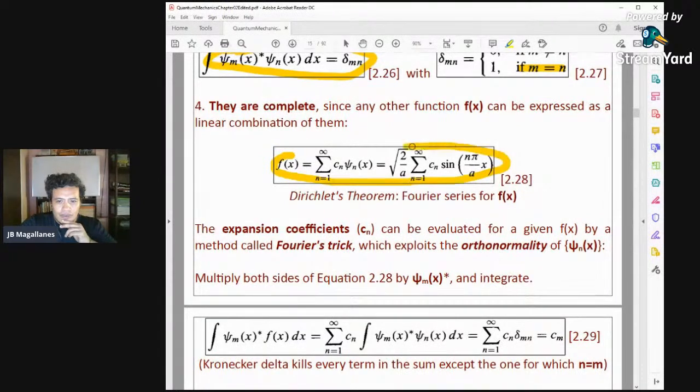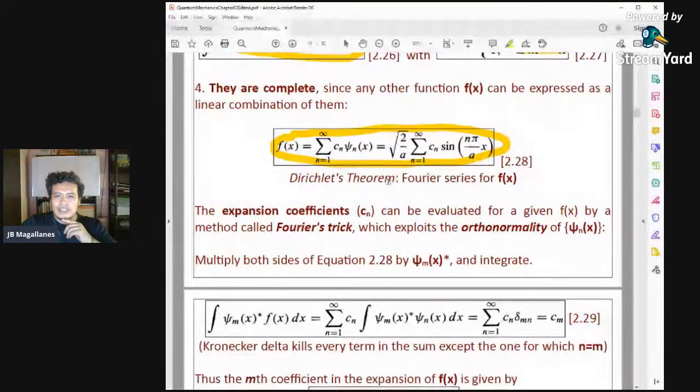Here, your wave function has a factor square root of 2 over a, then summation c n sine n pi over a x. So this is called the Fourier series of f of x. But what is c n, by the way? How do you calculate that?